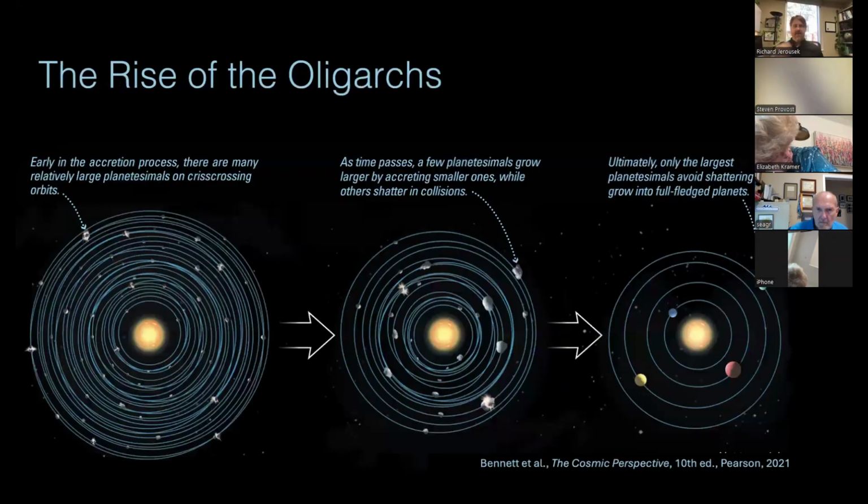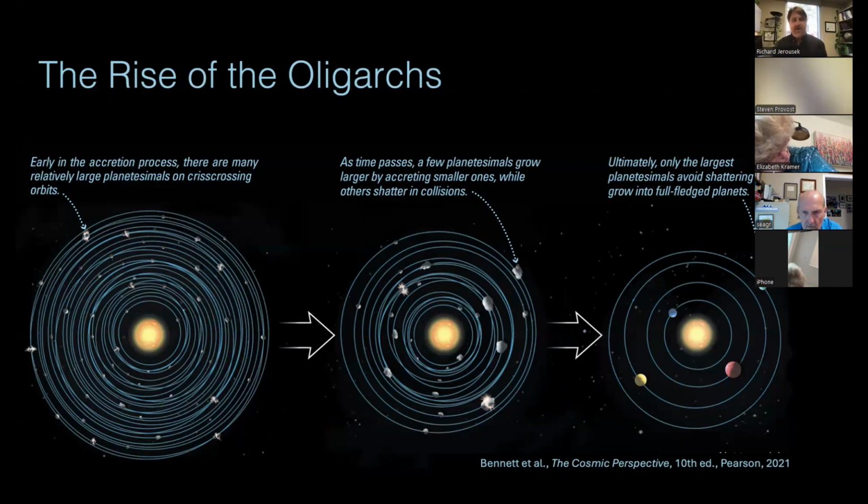Okay, so we make kilometer-sized planetesimals quickly, and then we go into the regime of what's called oligarchic growth. This is a sort of random process, but basically you have a few larger objects. Because they're larger, they have a little bit more gravity. When they collide with something else, that other thing tends to stick to them, which makes them a little bit bigger still.